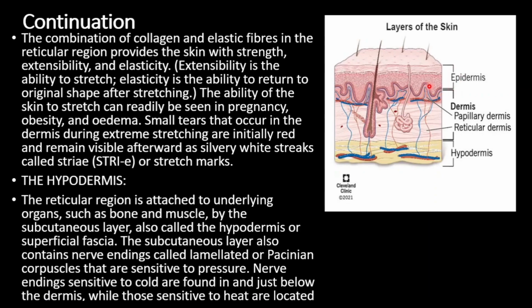The epidermis has 5 layers in the palms and soles, and it has 4 layers everywhere else, and it also has 4 cells that make up those layers. The dermis is divided into the papillary dermis and the reticular dermis, those are the 2 layers of the dermis. While the hypodermis is what anchors our skin to our tissues and our organs.